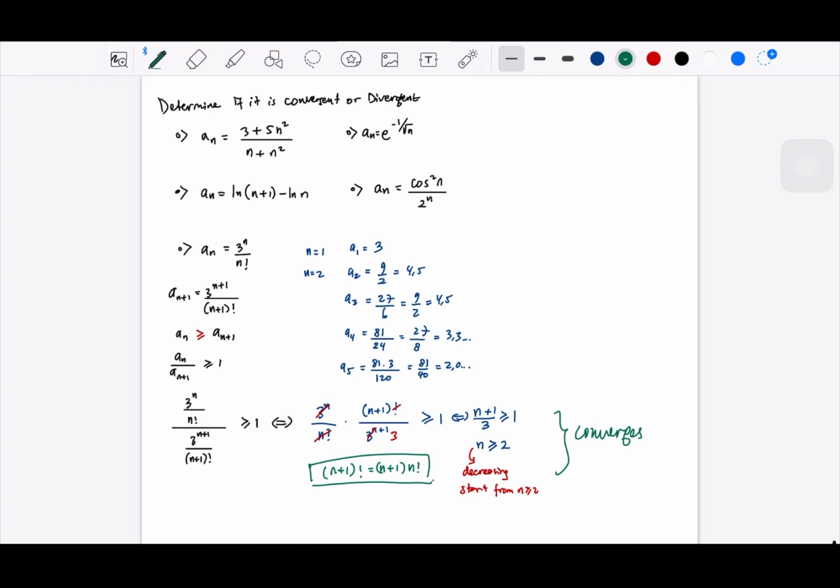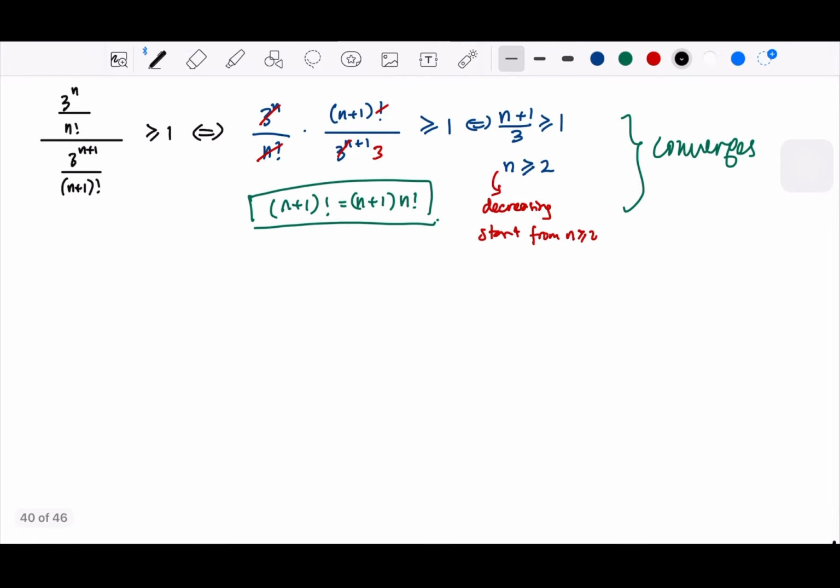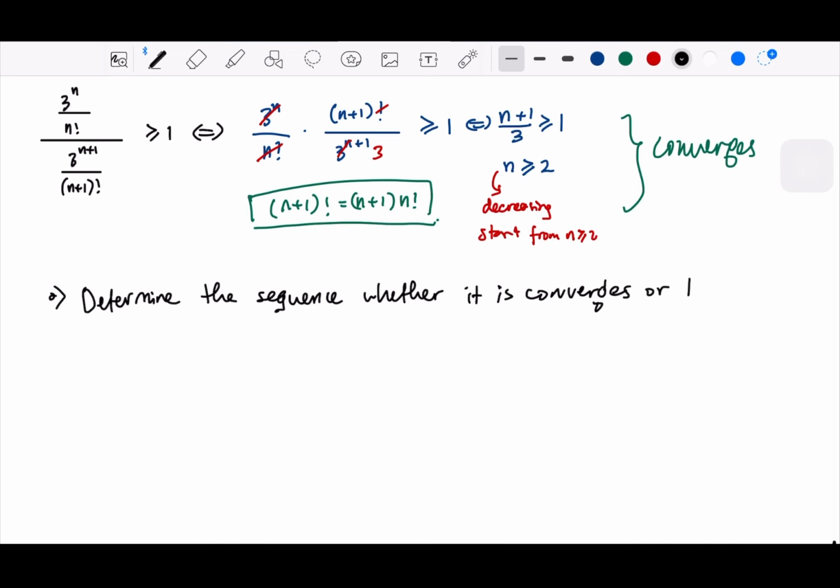And this is the last week, right? The sequence. So let me just get you into a review of what we have done so far. Let's say we are having some sequence. Your goal is to determine whether the sequence converges or diverges.